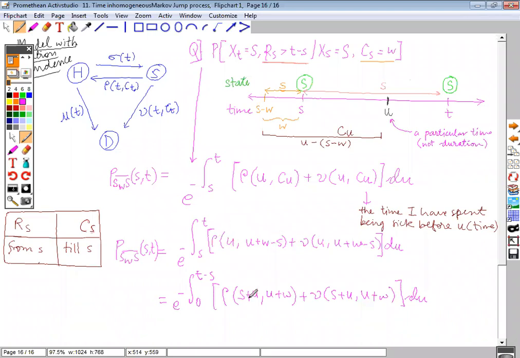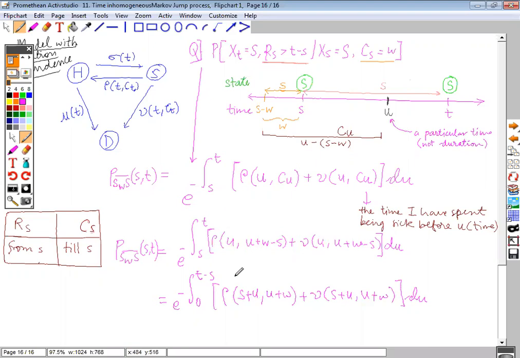So here when I have S plus U, this S is here and this U is here. You should decide for yourself which of these equations you feel more comfortable with, and you can choose to use any of these.